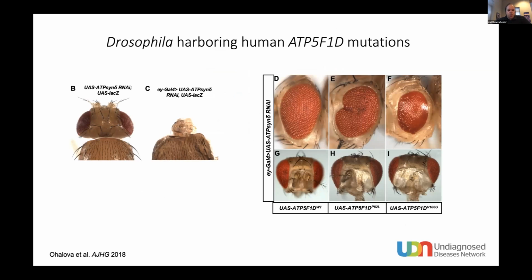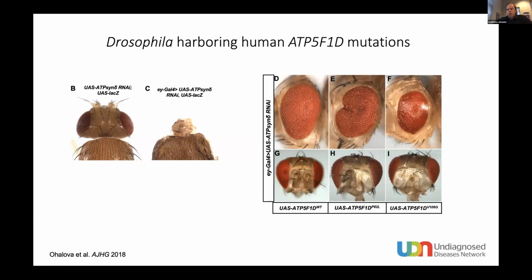And so using a head-restricted promoter, they basically showed that loss of this ATPsynDelta did in fact significantly impact head development, as you can see here in panel C, but we could rescue this RNAi with the human version of this gene.